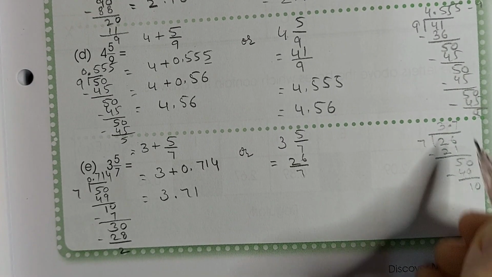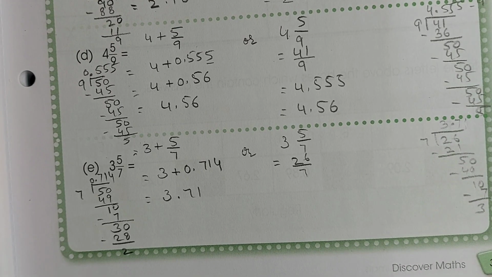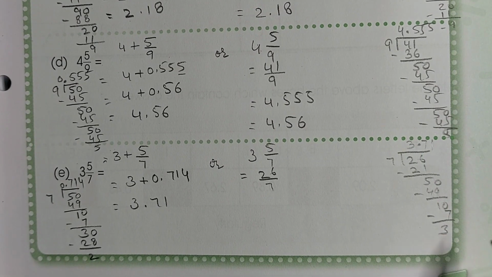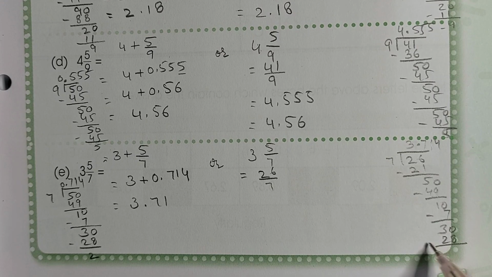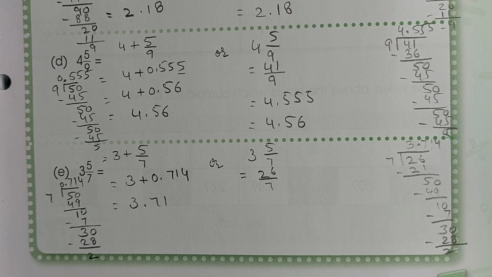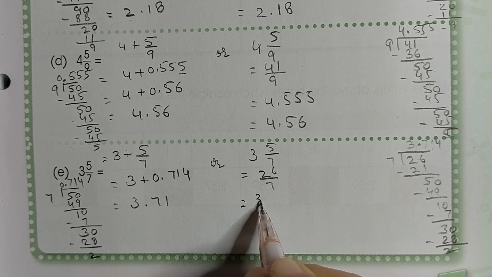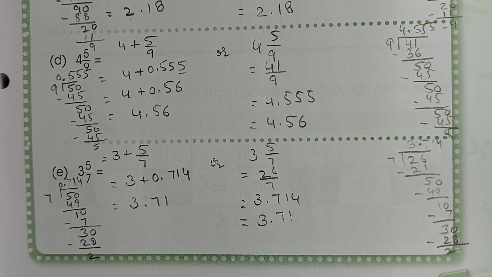Again 1. 0, 7 ones are 7. Minus, 3. So what we will do? 3. Then we will add 0. 7 fours are 28. So we will get 2. So now we have to stop here. Our answer will become 3.714. For 2 decimal figures, the answer is 3.71.